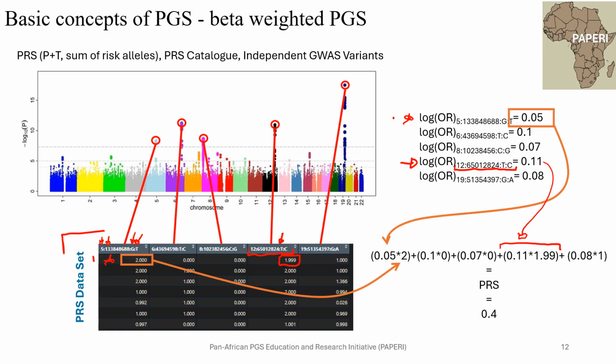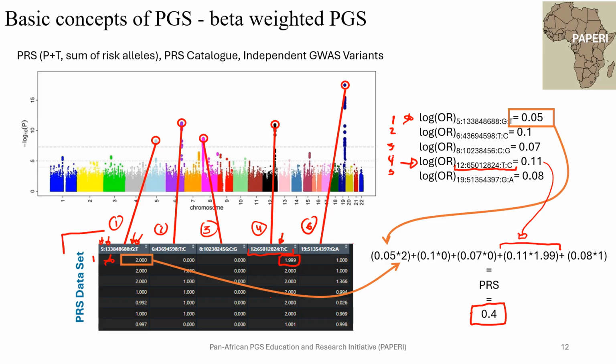And we just go through and do this for each one of the variants. Variant 1, 2, 3, 4, 5. Then we sum them up into a final score, which represents the polygenic risk for this individual, person 1.